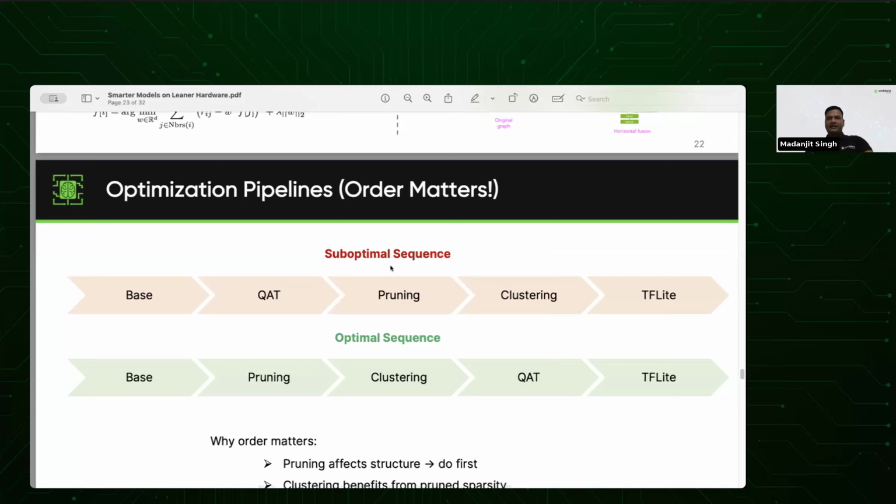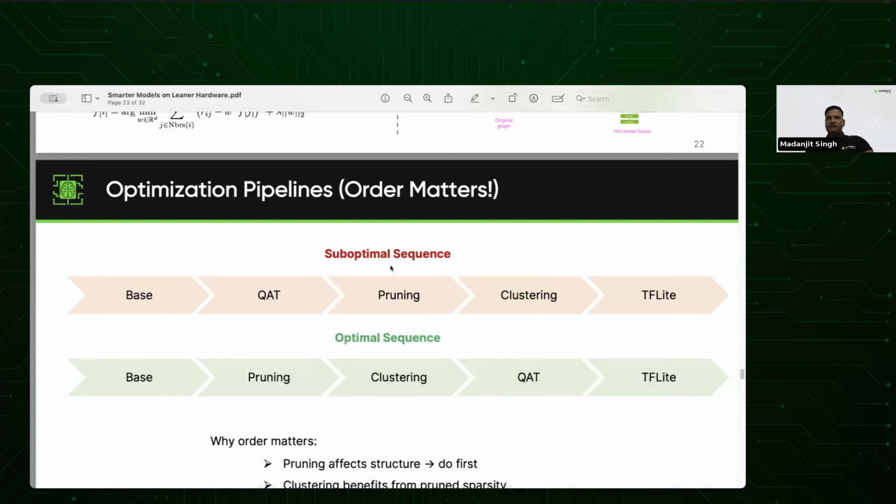Second, pruning is again reducing the weights, where 50% or 30% or 40% of the weights are marked as 0. Because if you see the weights in any neural network, they are going to be between 0 and 1.